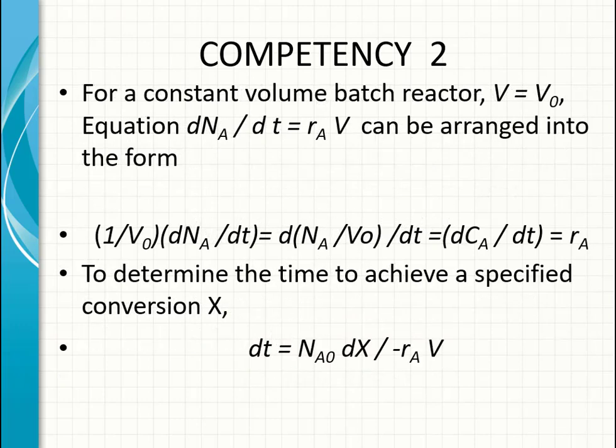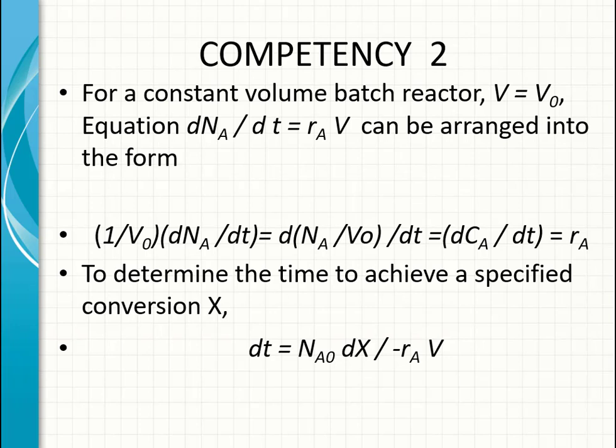For a constant volume batch reactor, the volume V will be V0. There is no change in the volume. And the equation dNA divided by dt equal to Ra times V can be rearranged into the form 1 divided by V0 times dNA divided by dt, and we will put V0 inside the differential, so it will be equal to d(NA divided by V0) all divided by dt.